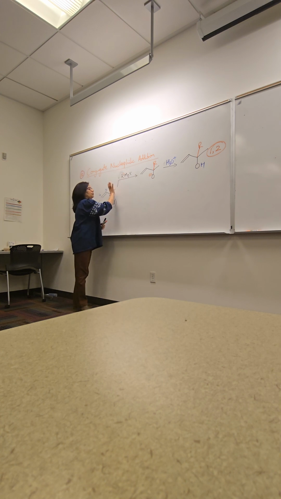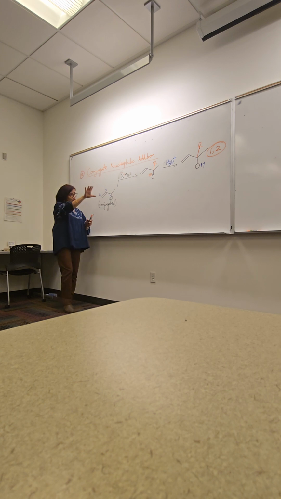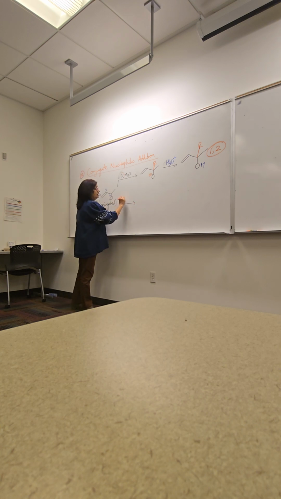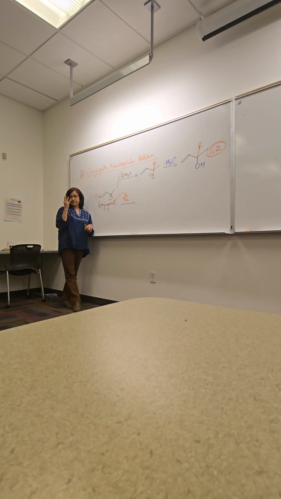So just to show you that, and again, I'm not using an example yet, we will, but right now I just want you to notice how the product will be different. In step 1, the nucleophile comes in, but instead of going to the carbon of the C double bond O, it goes to the carbon at the end of conjugation, carbon 4.